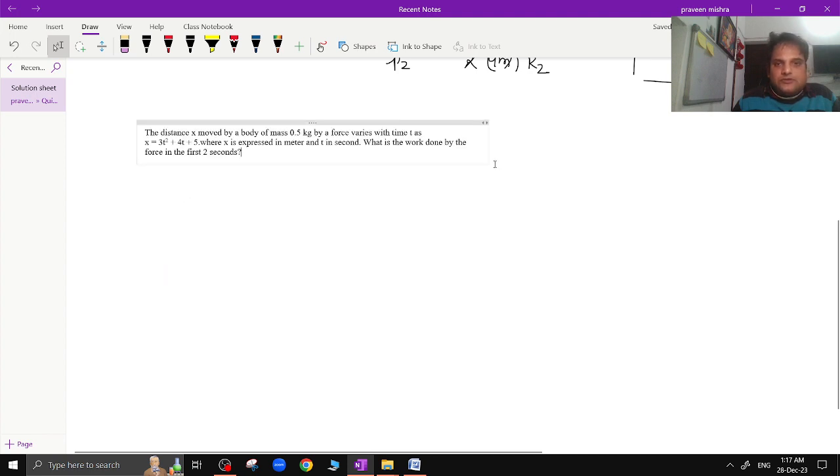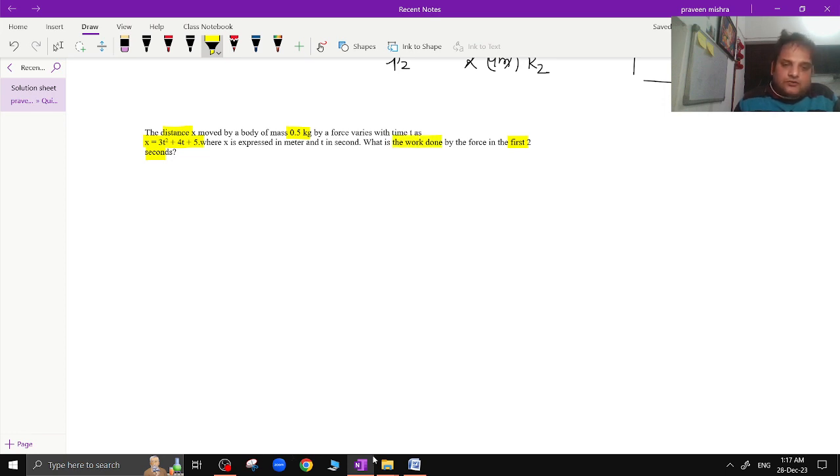In this third question, they have given that distance x is moved using the equation 3t square plus 4t plus 5. The mass is given, and the time is the first 2 seconds. Then you have to find out the work done.